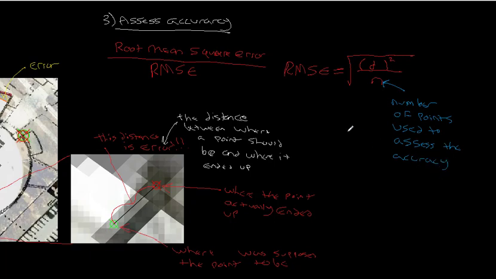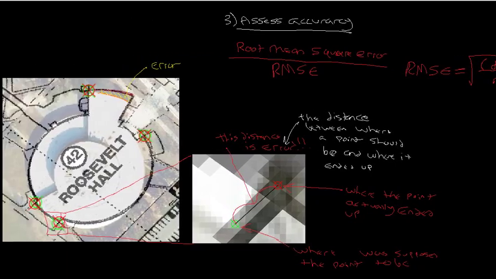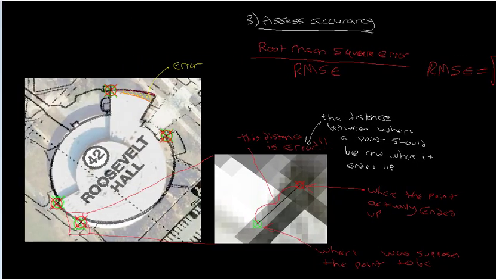If we were to look at our specific example, sliding away from the equation for just a second, and assess the accuracy here, our specific example would have 4 points. Because you have to realize the green and the red are 1 point: the green is the location where it should be, and the red is the location where it ended up, but it's still the same point, because these are those control points.